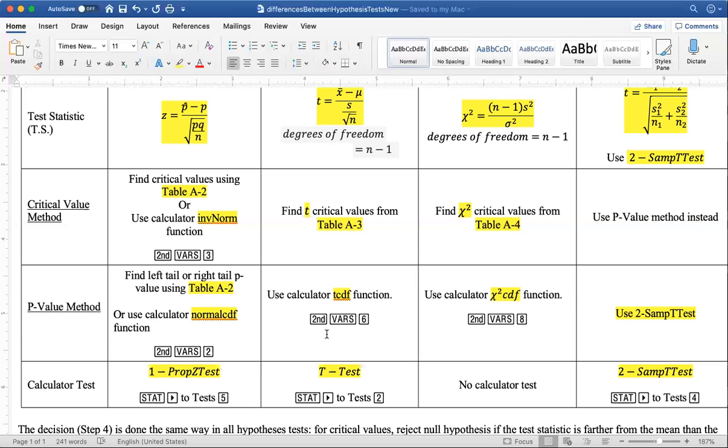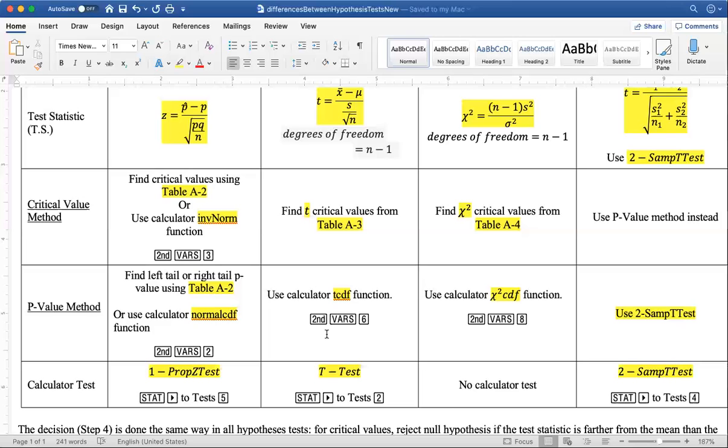And the normal CDF function requires a lower bound and an upper bound for the area farther away from the mean than the test statistic value. Now, what goes in for the lower bound and upper bound depends upon which side of the mean the test statistic falls.